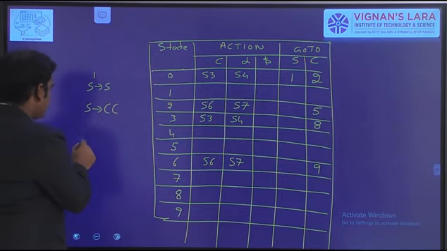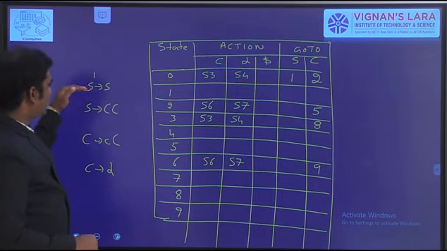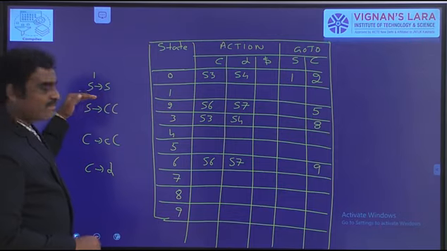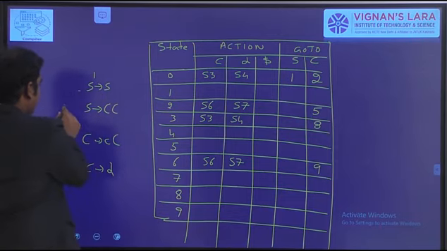The third is C to cC. The fourth is C to d. The given grammar is S to CC, C to cC, C to d, so you can number them: this is R1, this is R2, and this is R3.